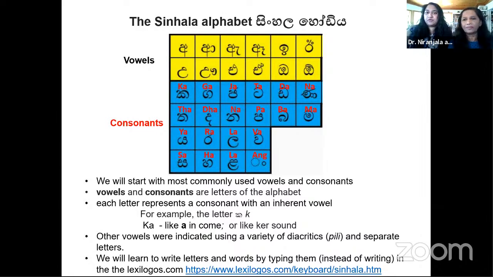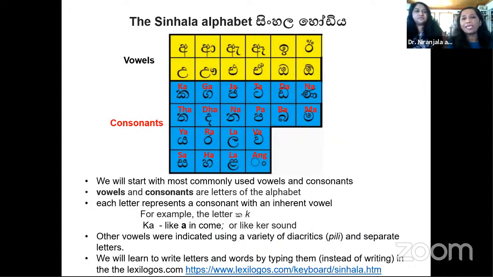So for example, the word rough, R-O-U-G-H, right? And then there's the word through, T-H-R-O-U-G-H. So it still has the O-U-G-H, but they're completely different sounds, rough and through. But in Sinhala, if you see a letter, it's going to have that one sound, with very few exceptions, pretty much across the board.